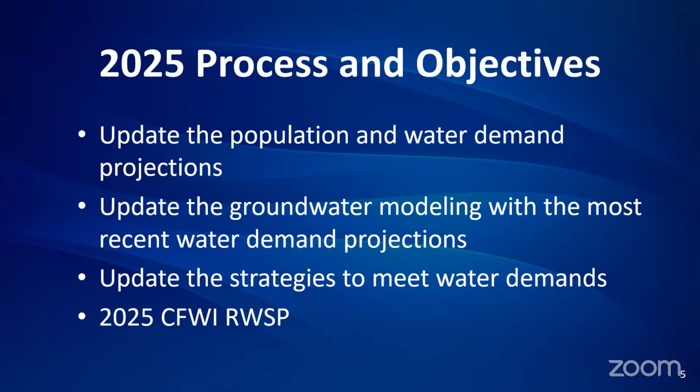This 2025 plan is occurring in a streamlined manner because of processes and procedures already developed, documented, and agreed upon previously during the first 2 regional water supply plans, which provided an established framework for future updates.